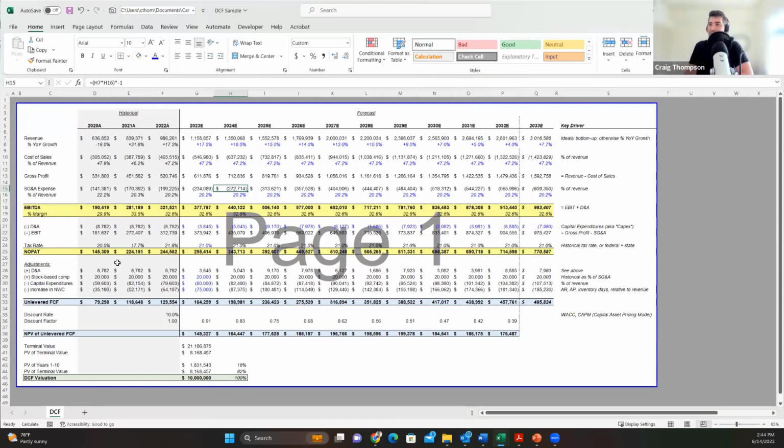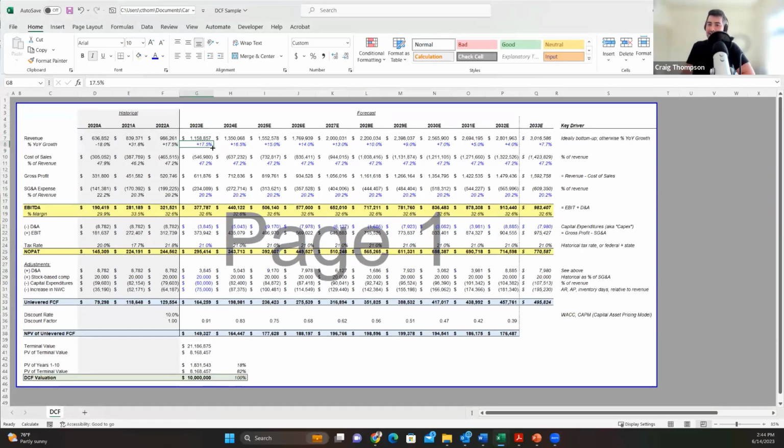For public companies, it's pretty easy to pull historical data. And you often won't be able to build a revenue forecast that is informed by a blow by blow of what's going on with our customers. In this quick model that I built, I think I built this in a little under an hour.